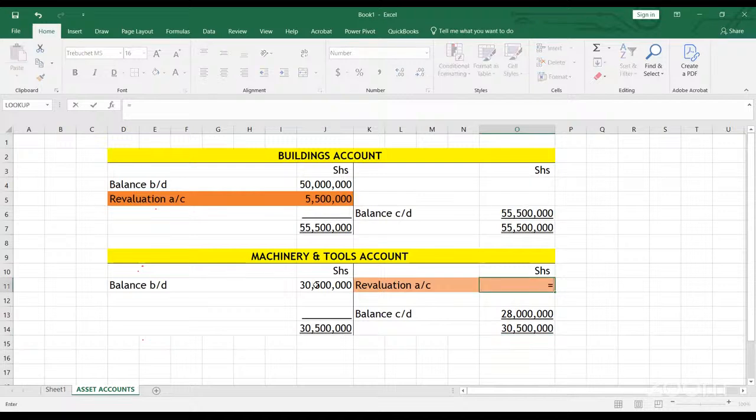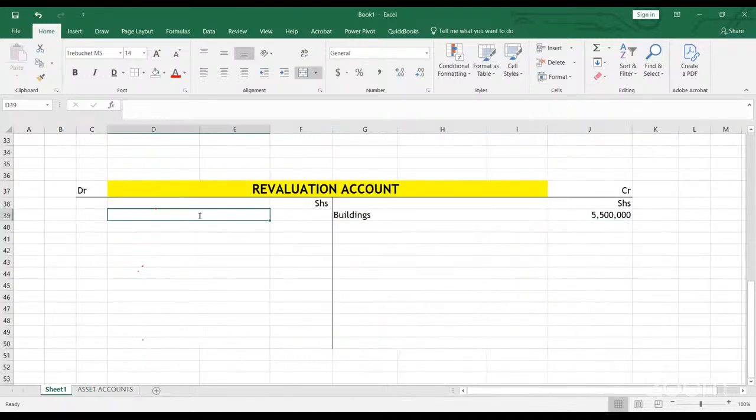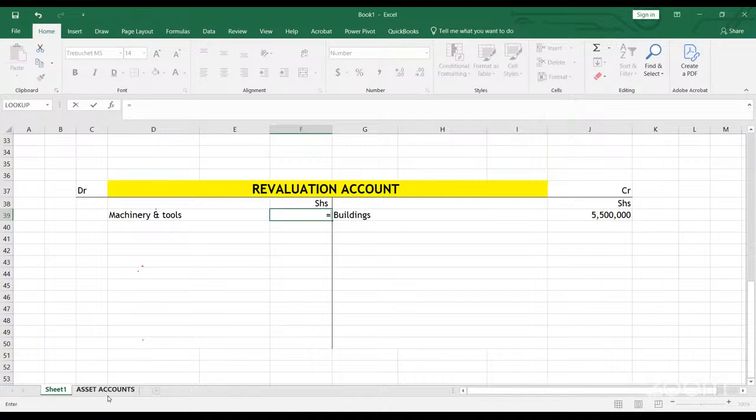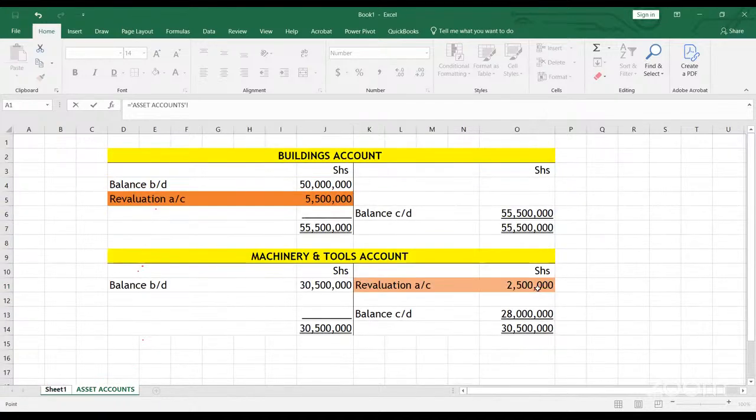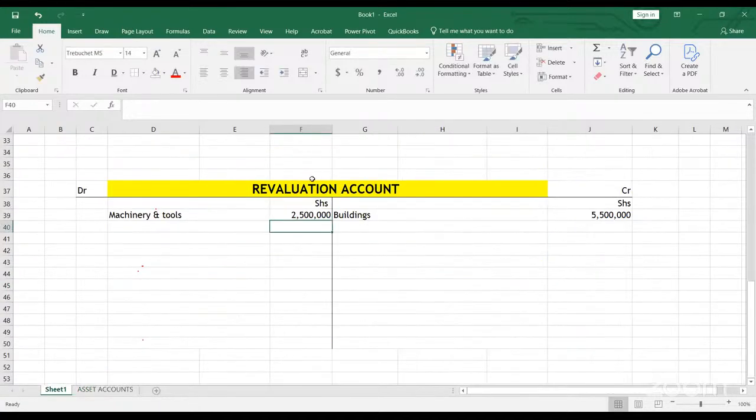Our loss is 30.5 minus 28 million, giving us a loss of 2.5. This is the loss on machinery and tools. There was downward revaluation, so that one will be debited. Machinery and tools, a loss of 2.5.